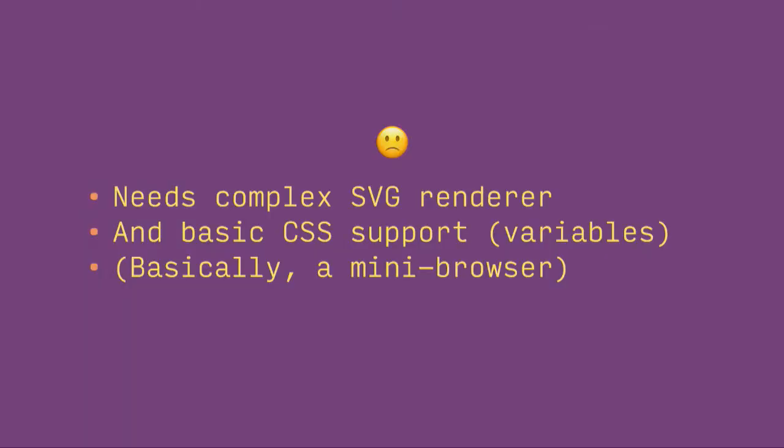The SVG in itself needs a DOM, like a web page. It's basically a mini browser that you need. So that's quite a big threshold for implementers, and it's a lot more work than, for instance, the color CPAL version.